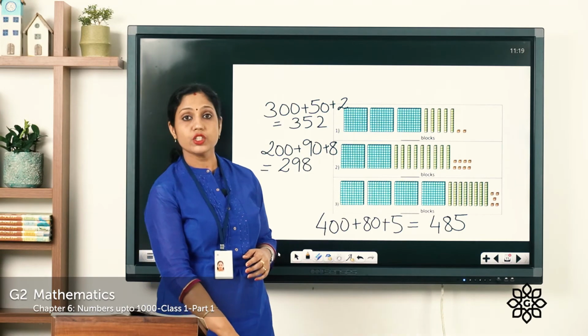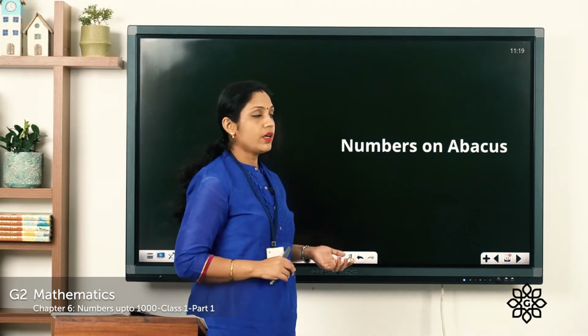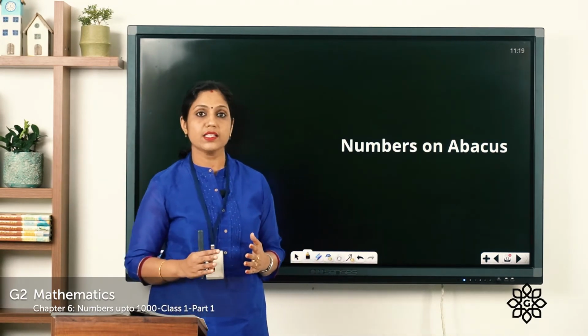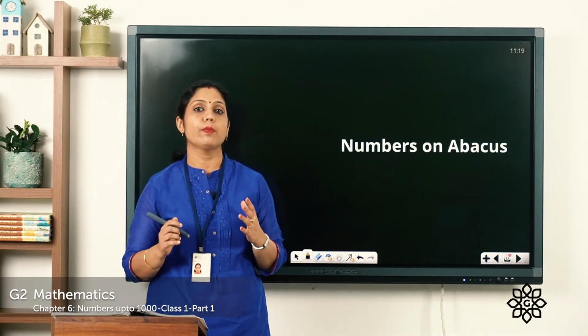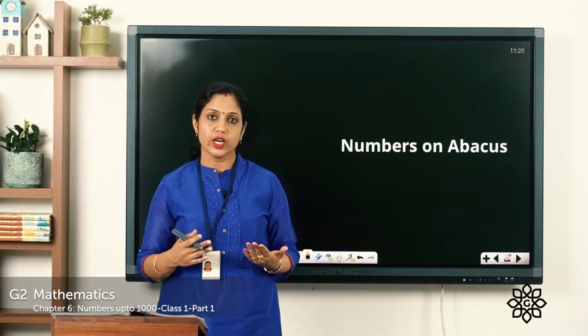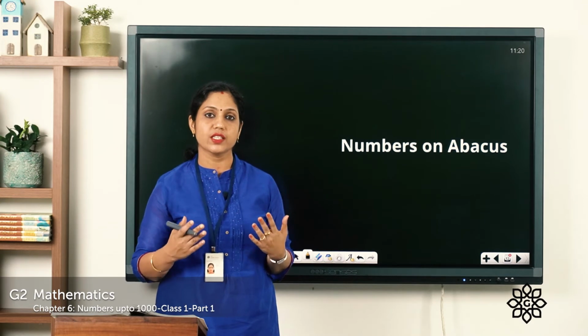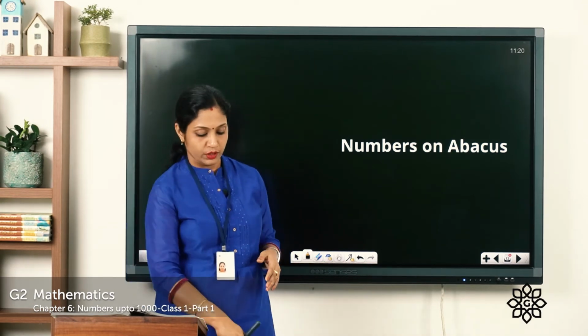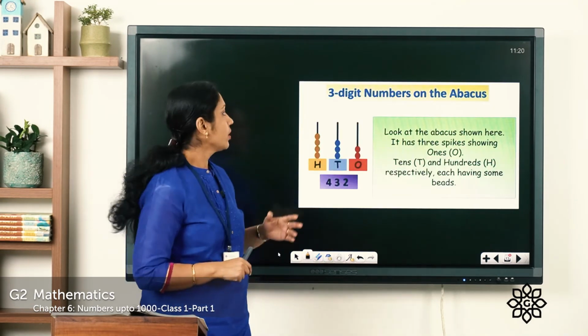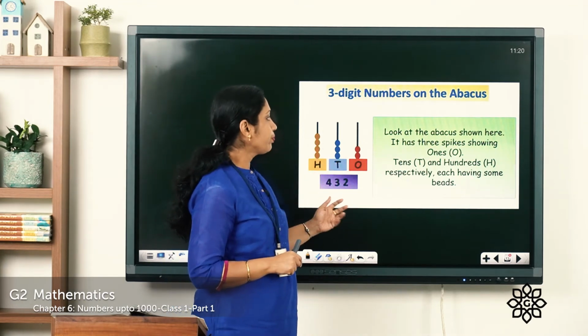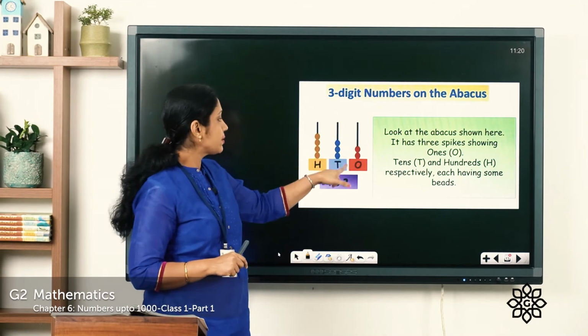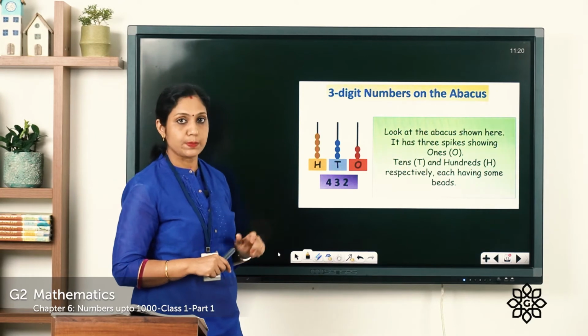Next, let's move on to the next topic: numbers on abacus. So what is an abacus? An abacus is an instrument to do mathematical calculations. You can do addition, subtraction, multiplication, etc. on an abacus. So now let's see. Here you can see an abacus and it has 3 spikes. You call them spikes.